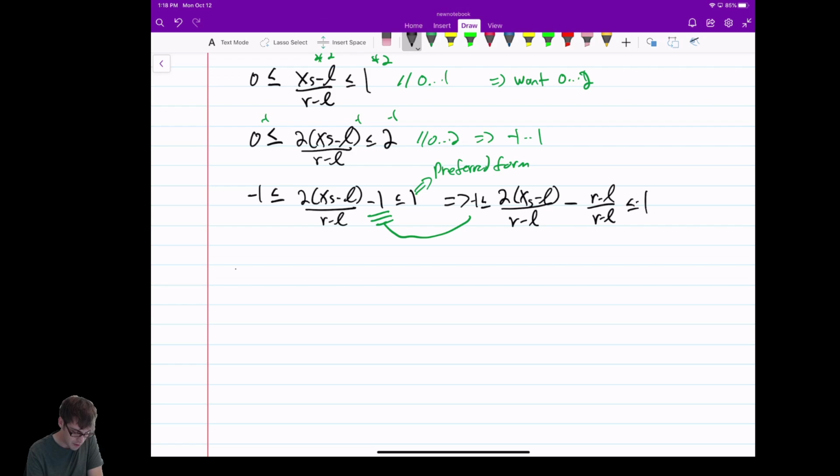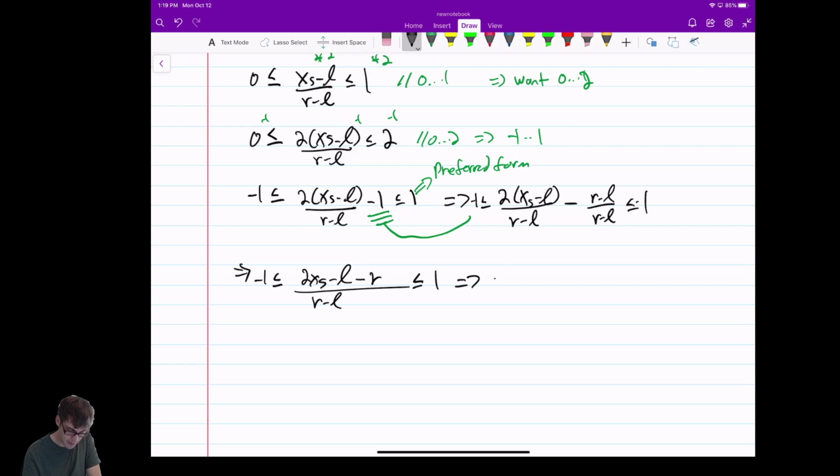Now, this is just messy algebra at this point. I'm going to just combine those so I get -1 less than or equal to 2xs minus 2L plus that 1L, so that becomes minus L, and then I have a minus R, all over R minus L, which is less than or equal to 1.